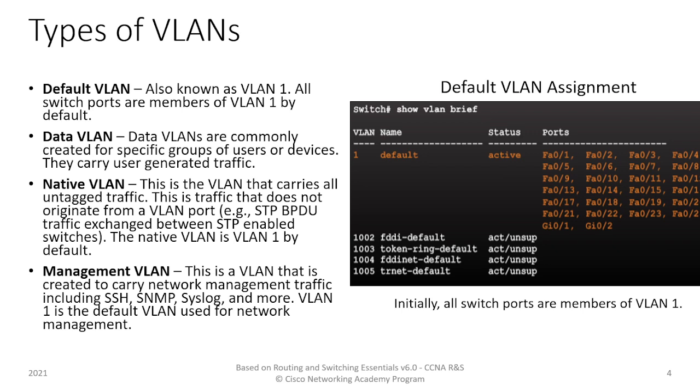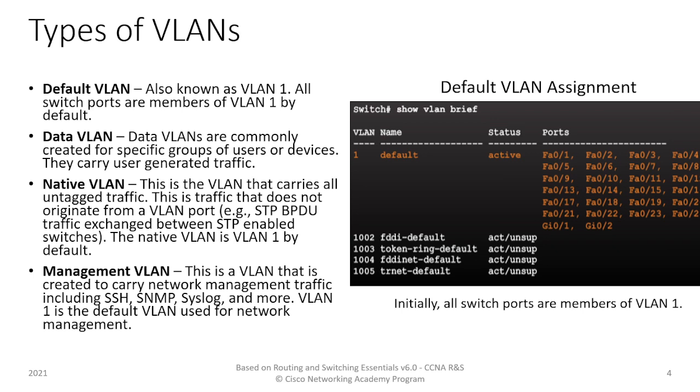So we will have this default VLAN, which would be all the ports that are not specifically assigned to any VLAN. If we haven't configured any VLANs, all the ports on the switch will belong to VLAN 1.